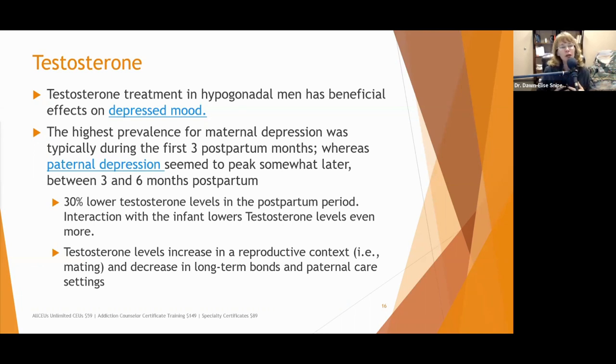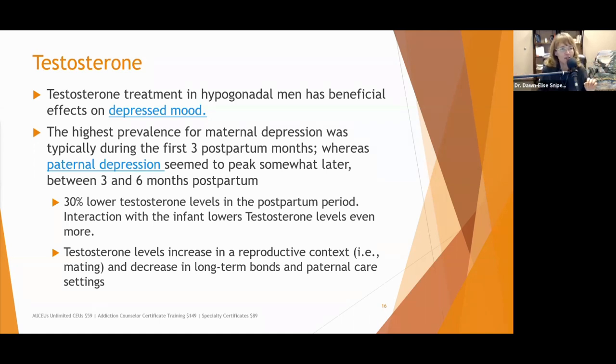My question would be, why is the testosterone low in the first place? What's causing that? We need to look at what's causing the dysfunction in the HPG axis. However, when testosterone levels are restored to a level that's adequate for that person, mood symptoms tend to abate quite a bit.